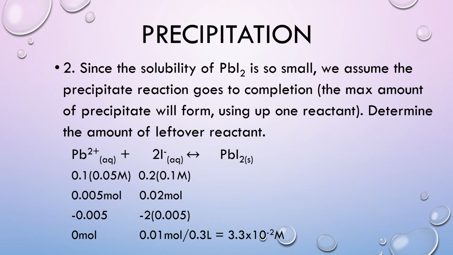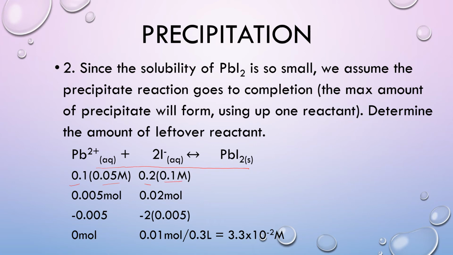Now, step 2, we have to determine how much precipitate is going to form. Since the K value is so small, we can assume that the maximum amount of precipitate is going to form. So you're going to use up every bit of one of the reactants. So what I did is I rewrote the equation in the reverse direction, so the ions turning to solid. I had the molarity and the volumes to get moles.